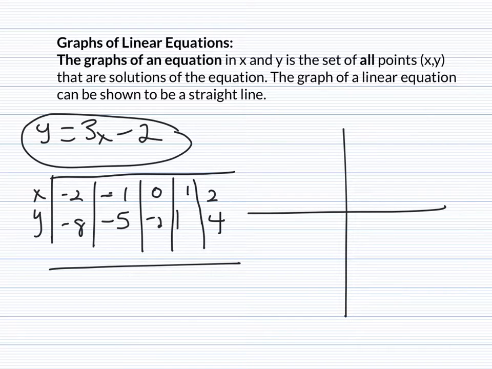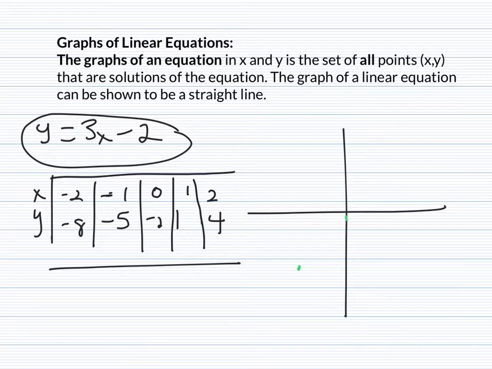So you would literally just start graphing them. -2 and -8, let's just say, might be somewhere over here. -1 and -5, let's just say it might be right there. 0 and -2, well, my graph's not here. Let me fix that other plot.